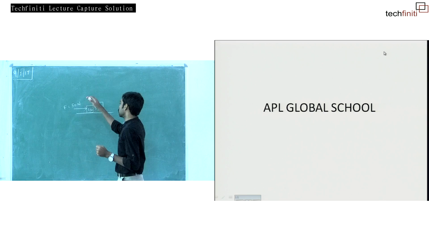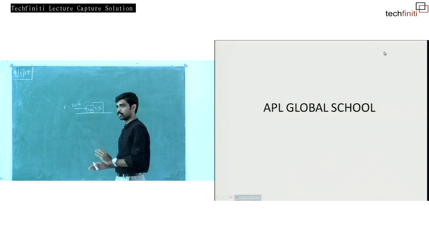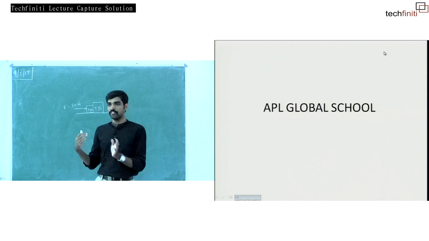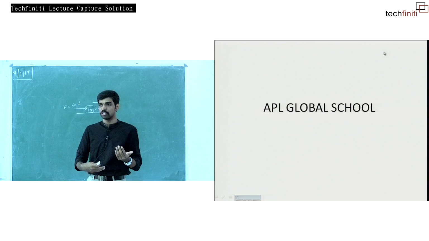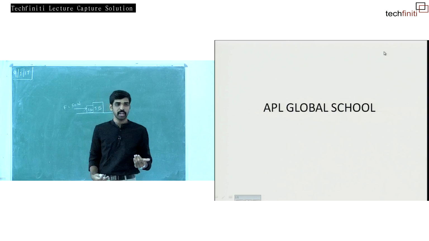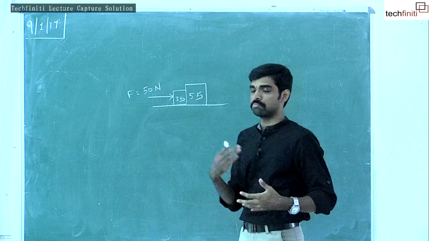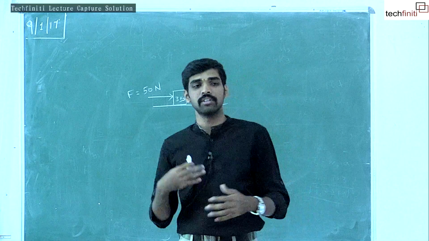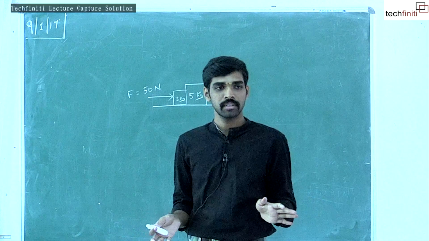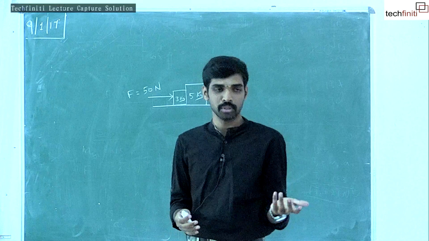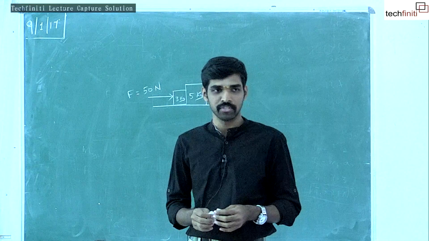The 3 kg object will give some effort on the 5 kg object. Similarly, the 5 kg object will exert an equal amount of force on the 3 kg object. I want you to find the 5 kg object's effort given to the 3 kg object. No, just the force. You can find the force, that's enough.